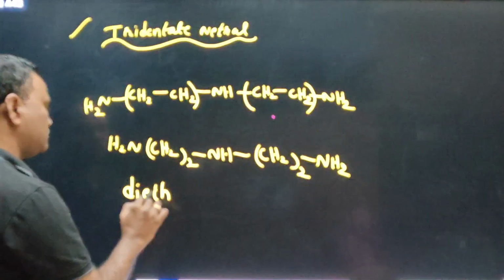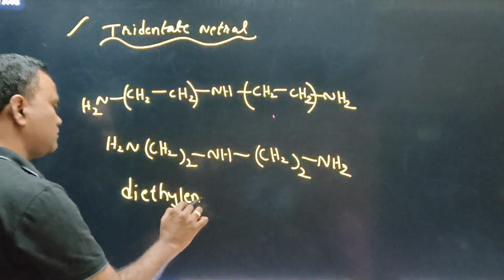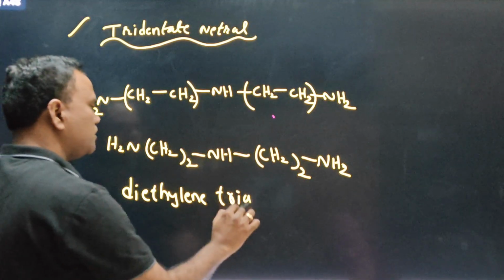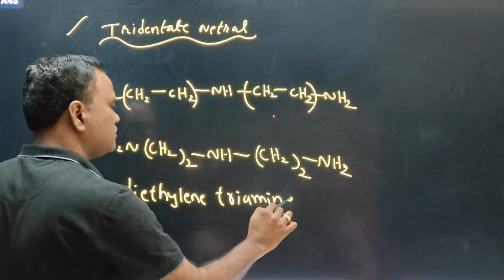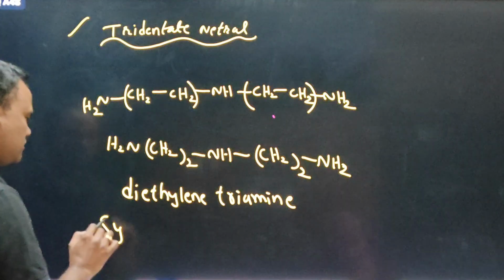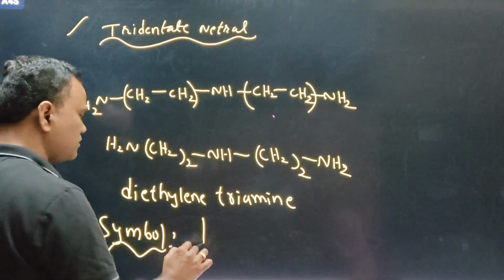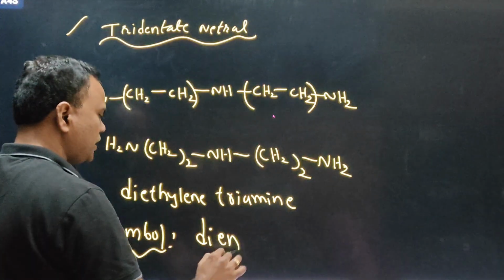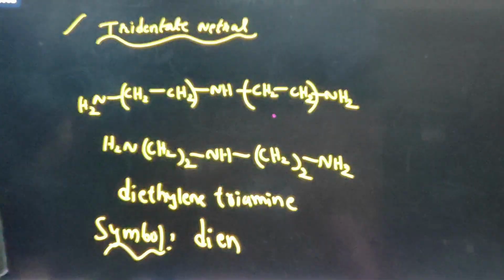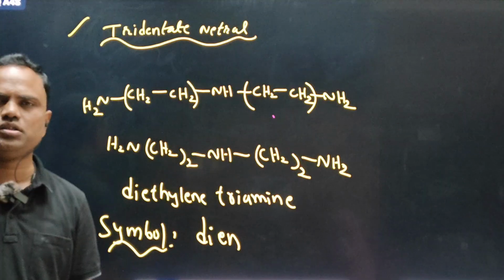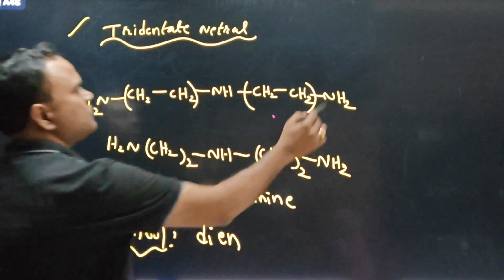Diethylene triamine. Generally it is abbreviated as dien. This is the name, and the symbol is important. Donor atoms are nitrogen.